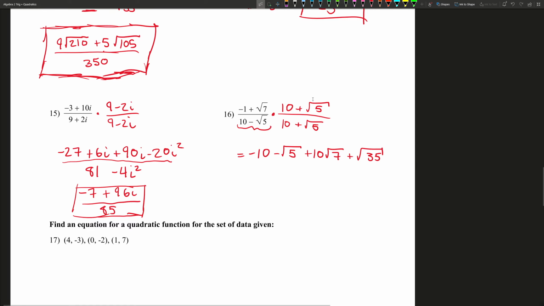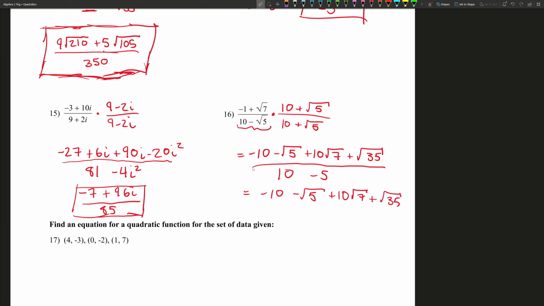On the bottom, we get 10 times 10, that's 100, and then it should be minus 5. Simplifying, everything on top stays the same. 100 minus 5 is just 95.